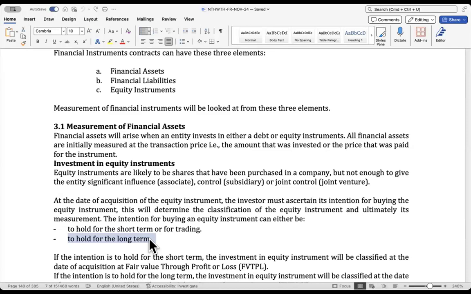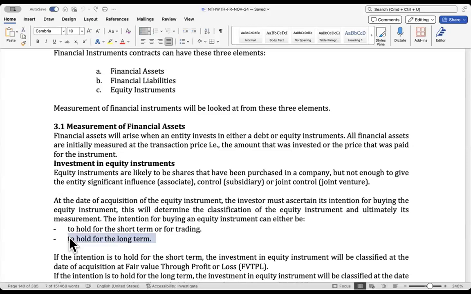So if you have a plan of reselling, whether in the next 5 years, 7 years, or 10 years, in as much as you have a plan of reselling, then mostly you are holding it for the short term or for trading. So the distinction between these two is more of, do you have plans to sell or not?